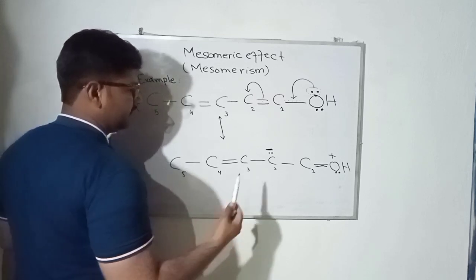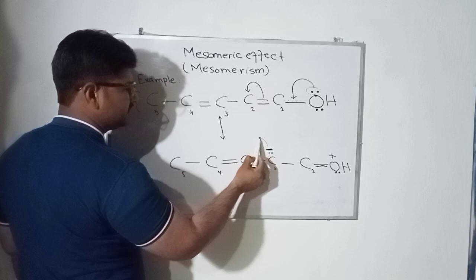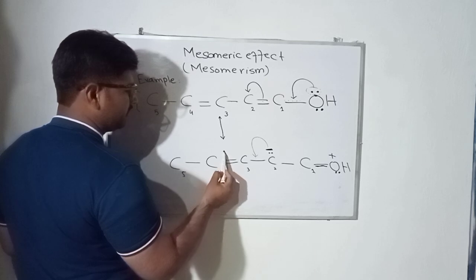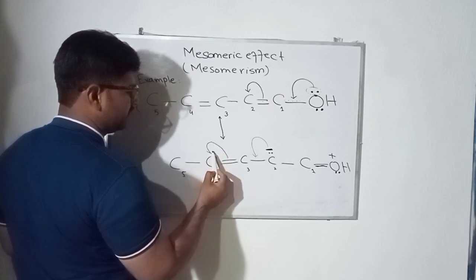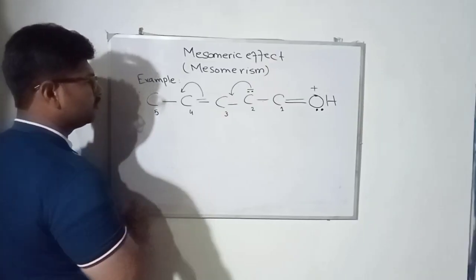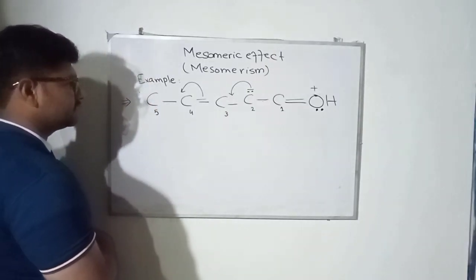Now you can imagine what will happen next. This electron will jump here, and this pi bond will break and will be converted into negative charge onto the carbon number 4. So we get this structure as our first resonance structure.